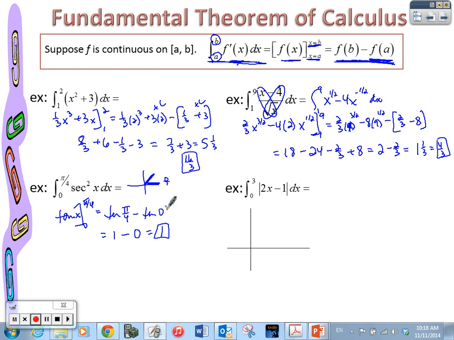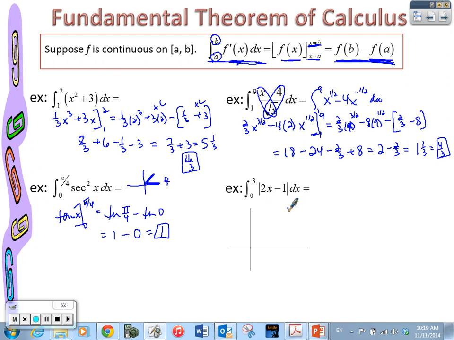All right, now on this number 4, I'm going to show you how to do it with an integral, but I would encourage you, if the absolute value is linear, only if it's linear, to do it the way that we did it yesterday, with just a geometric formula. All right, so that's the way I'm going to do this. I'm going to write the integral for you and tell you how to do it with an integral, and we actually have one on the next slide where you can't do it this way.